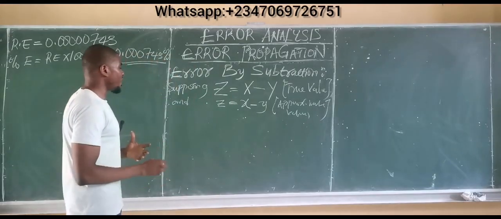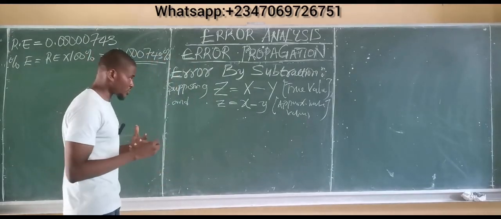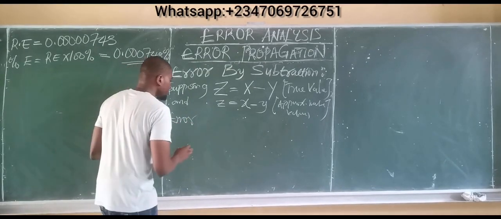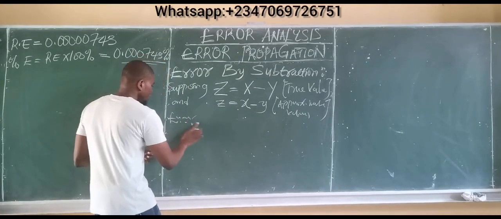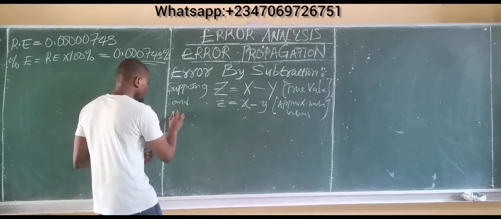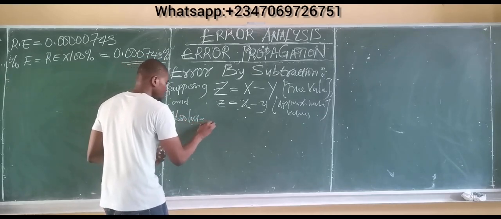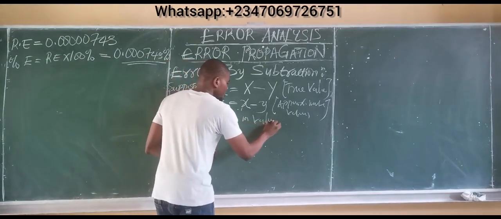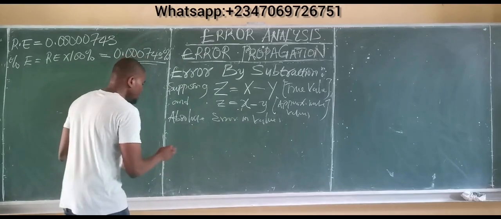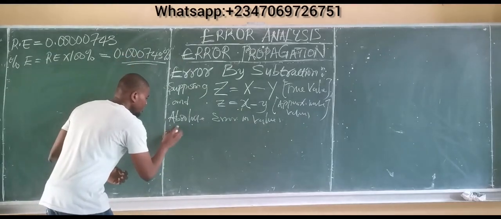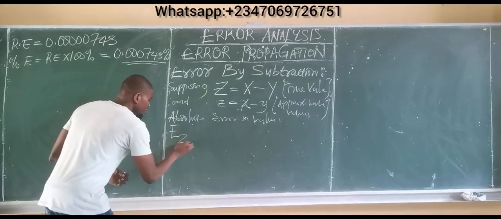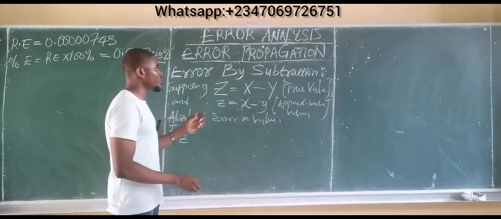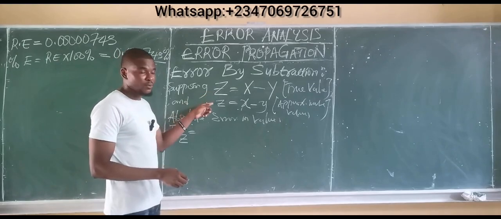Now if I want to find the error in all the functions, or absolute error, so let's say we want to find the absolute error in value. So for Z, error in Z is going to be equal to, so remember, for Z, error becomes the true value minus the approximate value.